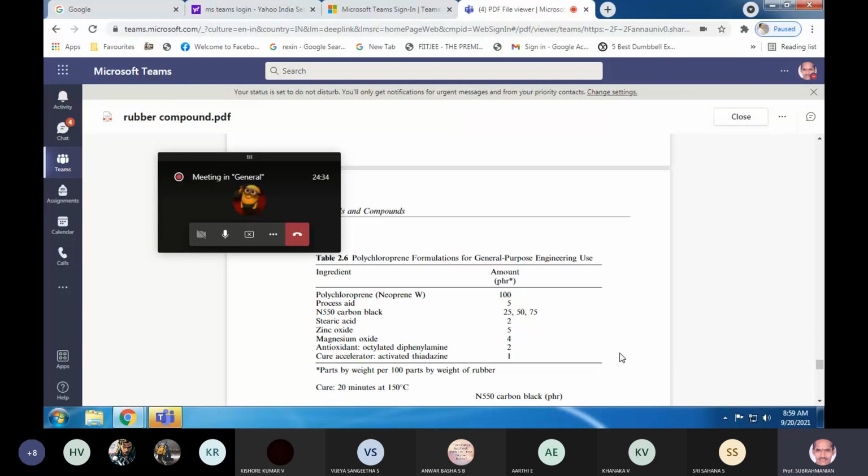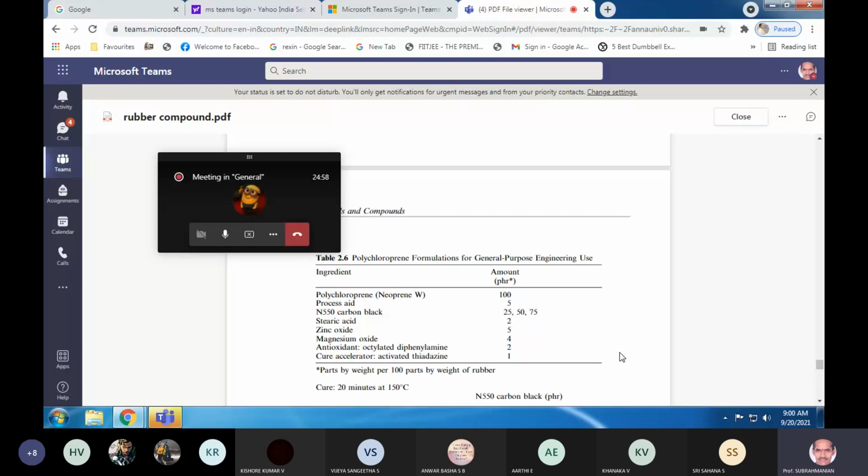NR and chloroprene are both used for such applications, and those applications don't require abrasion resistance. N330 is for abrasion resistance. That is what we saw last class.